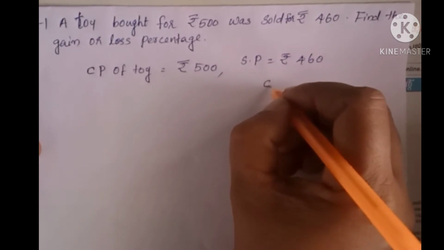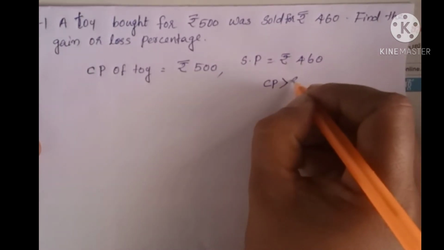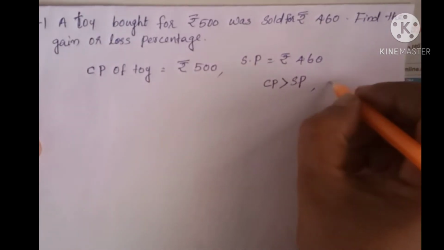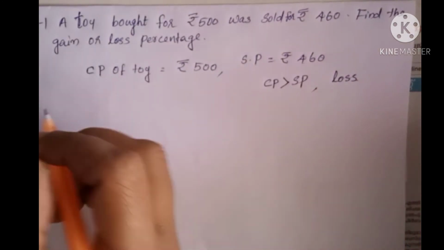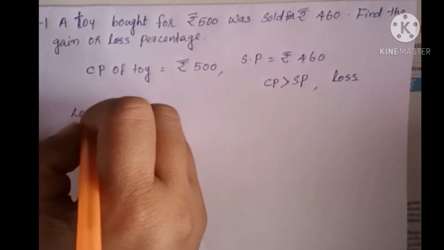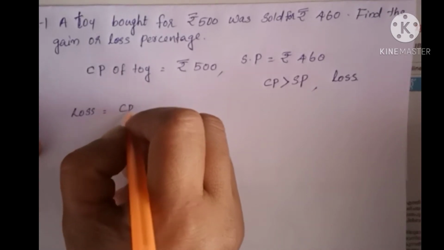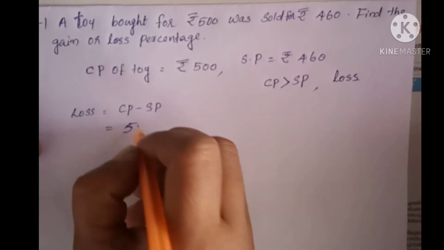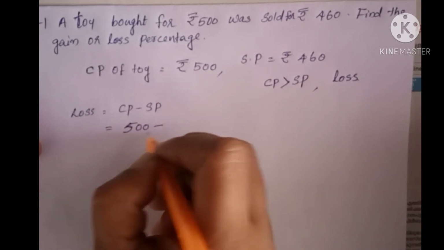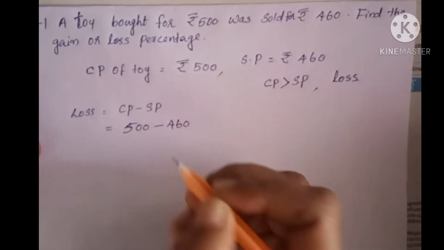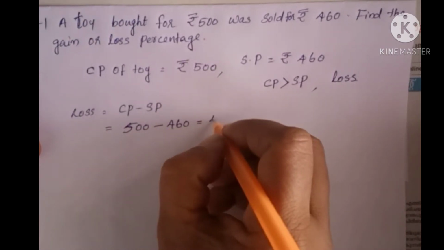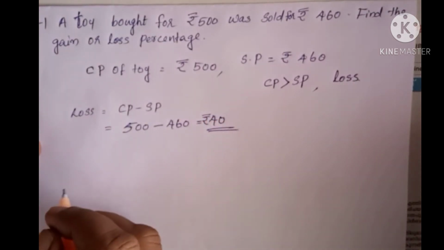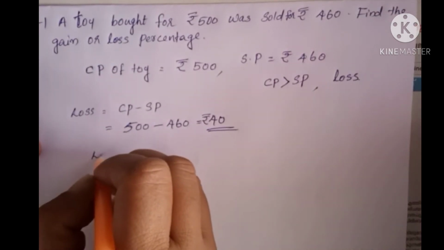Here CP is greater than SP. What will happen? Loss. Then loss equals CP minus SP, which is 500 minus 460, which equals 40. Rupees 40 is loss. Then how do we find loss percentage?